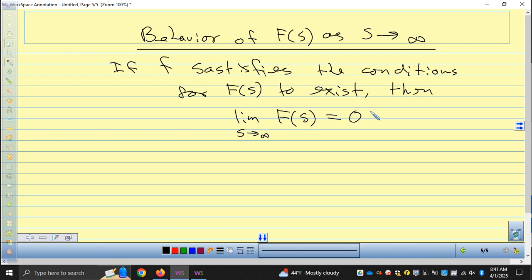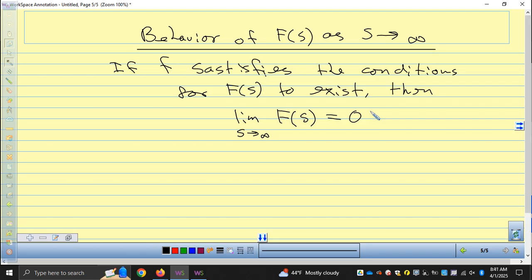All right, so just a couple of caveats now. That's the last thing I really want to talk about today. The conditions that we have given for the existence of the Laplace transform are sufficient conditions. If those conditions hold, then the Laplace transform exists. They are not necessary conditions. So there are functions that are not piecewise continuous that have Laplace transforms.